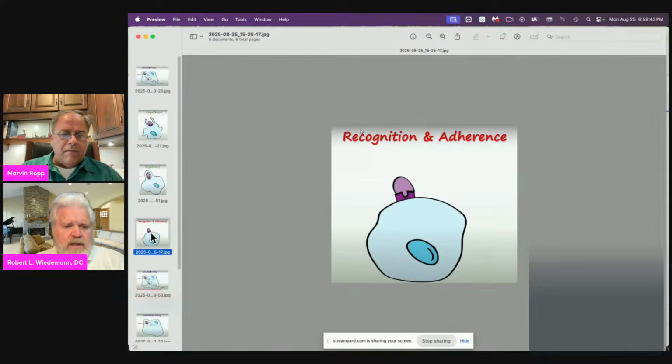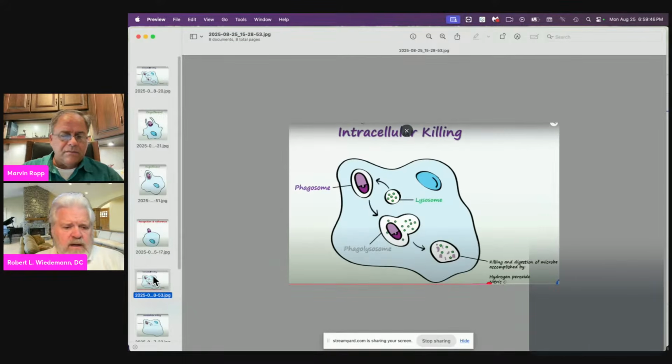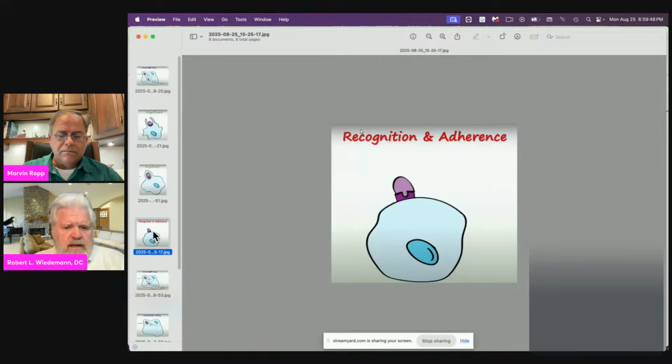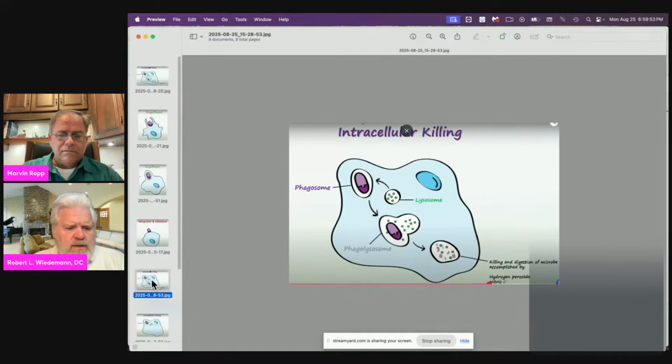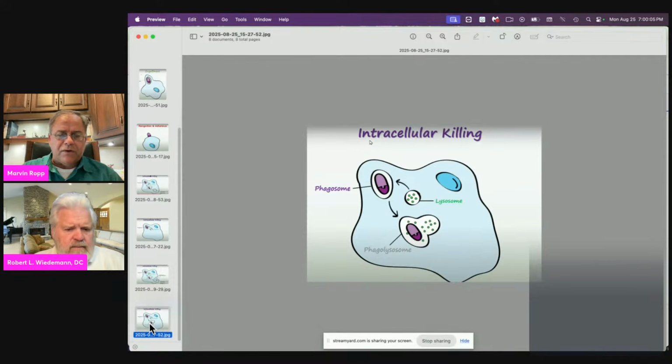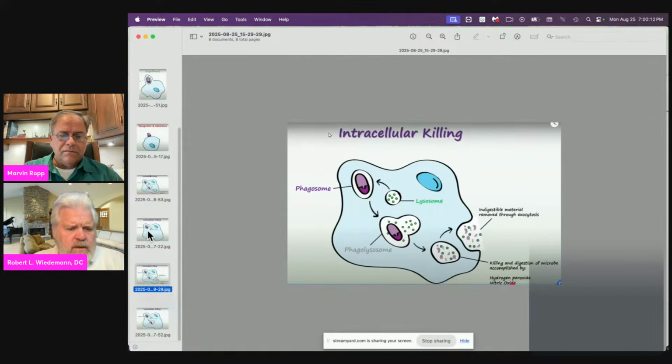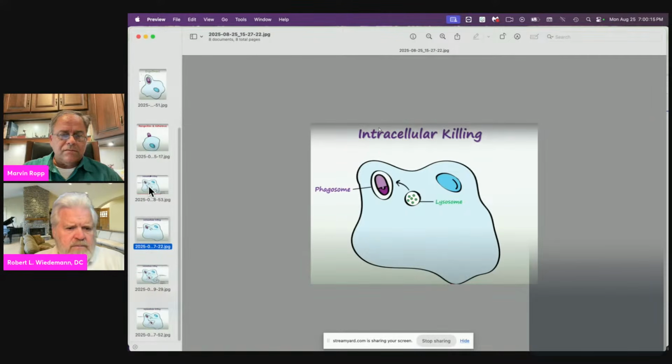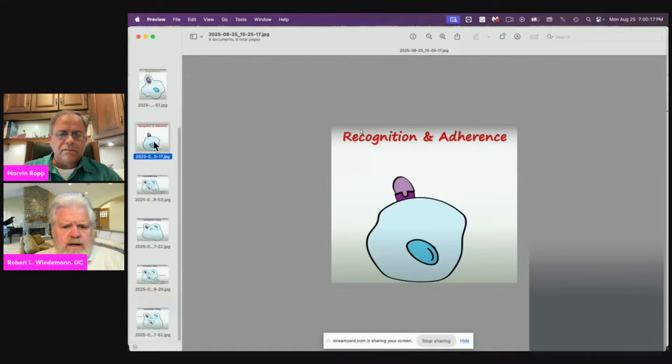Well, they're not numbered, so I don't know which one. Try the one clear up at the top there. No, that's not the right one either. Let's figure out which goes first. There's one missing apparently. Okay, this one right here.